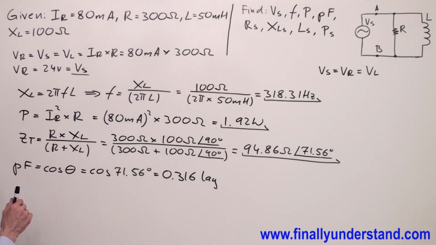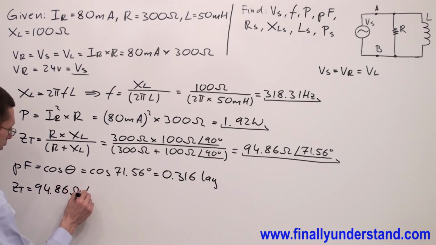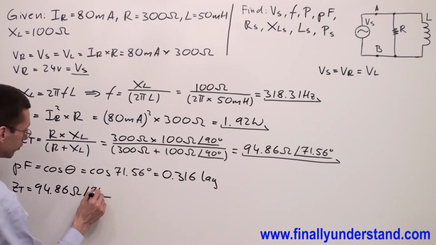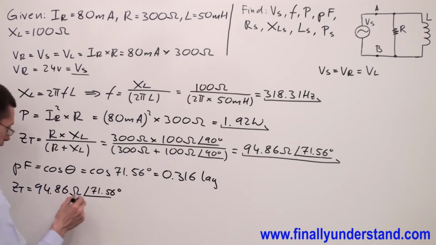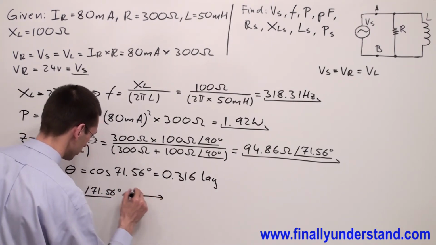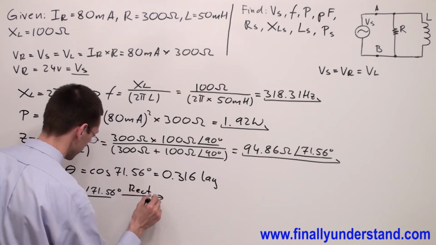Next, we have to find the series equivalent circuit. So I have my Z total, which is equal to 94.86 ohms at an angle of 71.56 degrees, and I have to convert the polar form to the rectangular form.